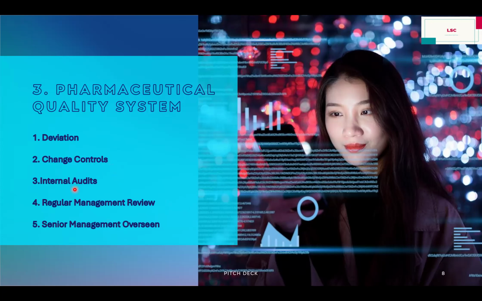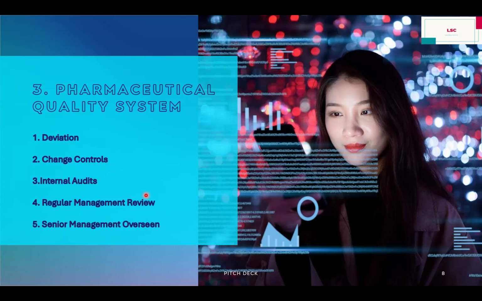Now, the third one is internal audit. We all know self-inspection and internal audit give us the opportunity to find the lacunae, or you can say some deficiency, that we have unintentionally or intentionally forgotten, and give us the opportunity to improve our system.